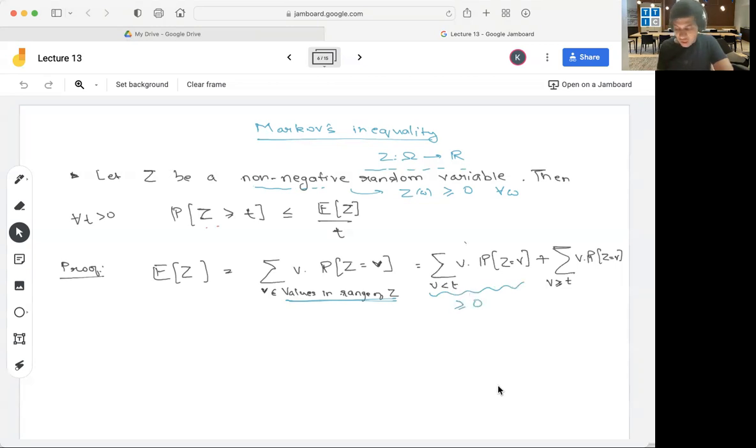And this is where I'm using non-negativity of the random variable, because each value it takes is greater than or equal to 0, and every probability is a number which is greater than or equal to 0. So the first term is greater than or equal to 0. And so I get that the expectation of Z is greater than or equal to whatever appears in the second summation.